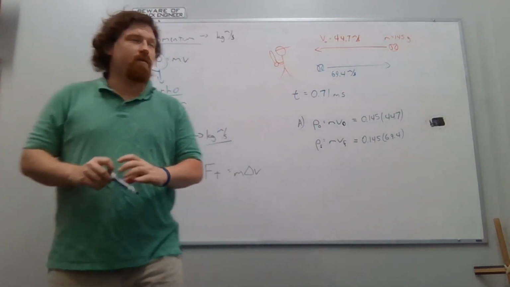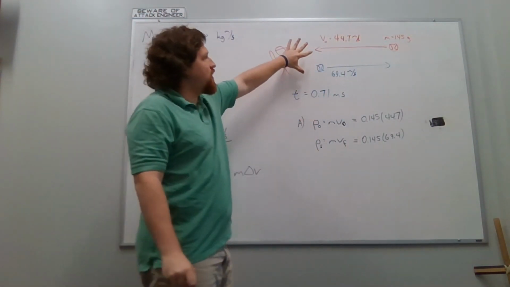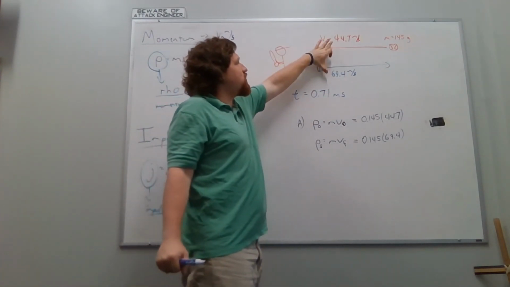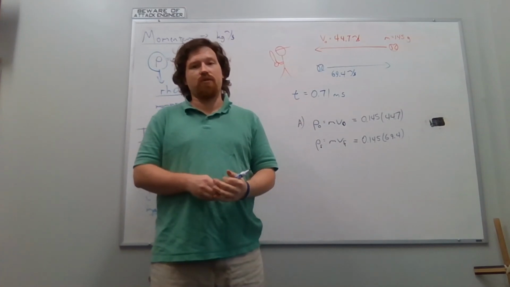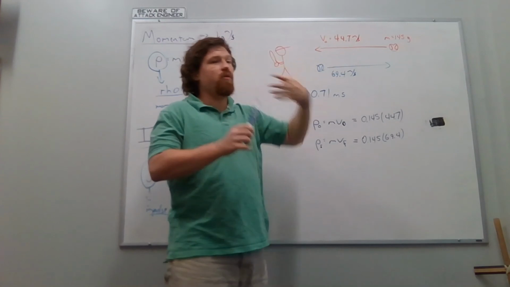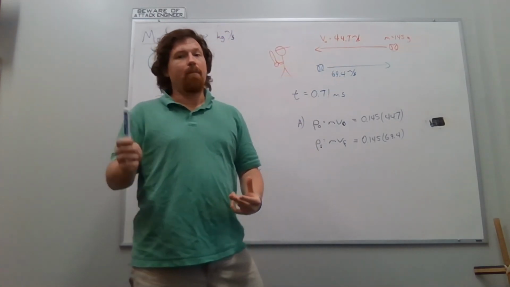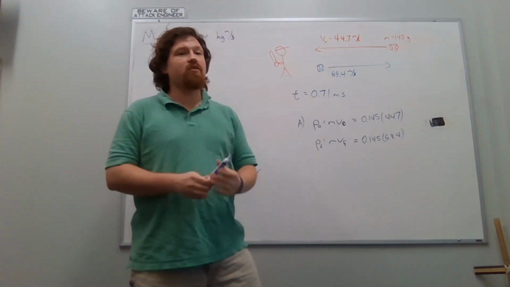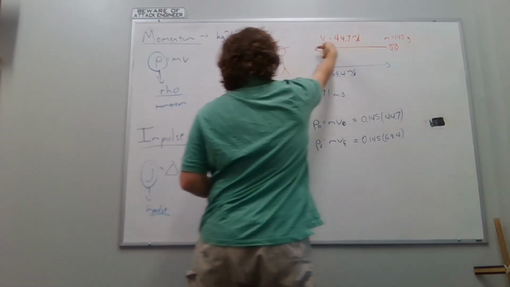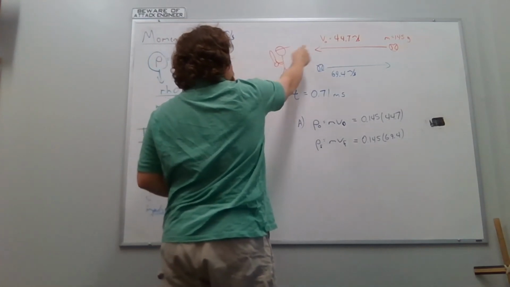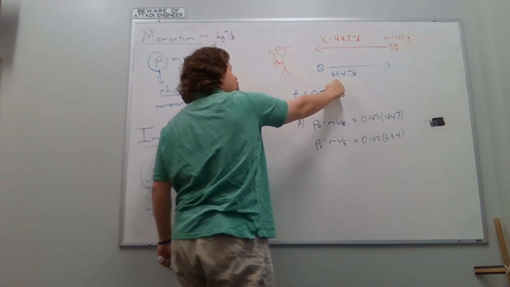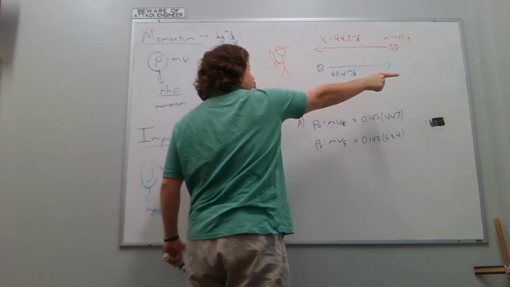If we just looked at these numbers and tried to find the change in velocity, the difference between these two numbers would be about 15 meters per second, if we just looked at these two numbers alone without considering the direction. But once we take the direction into account, the ball was initially moving in this direction, meaning that Babe had to slow it down to 0 and then make it go up to this speed in the opposite direction.